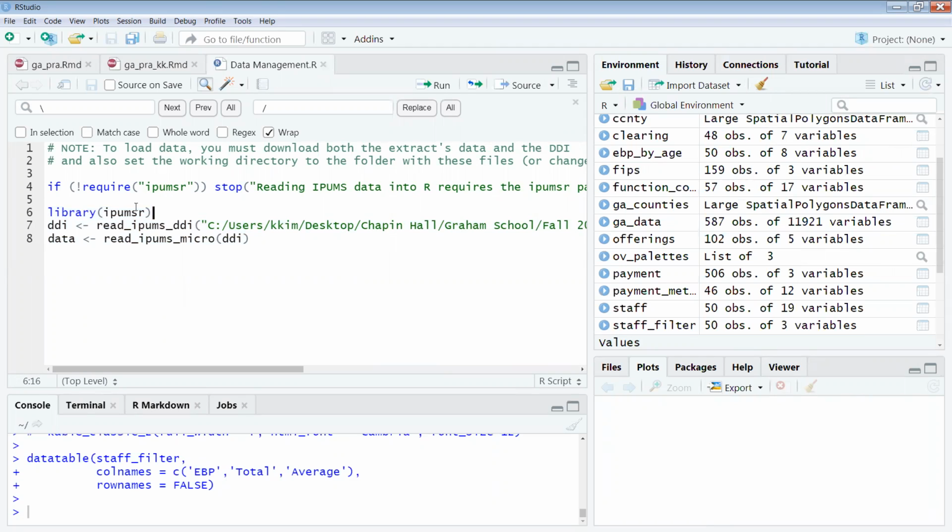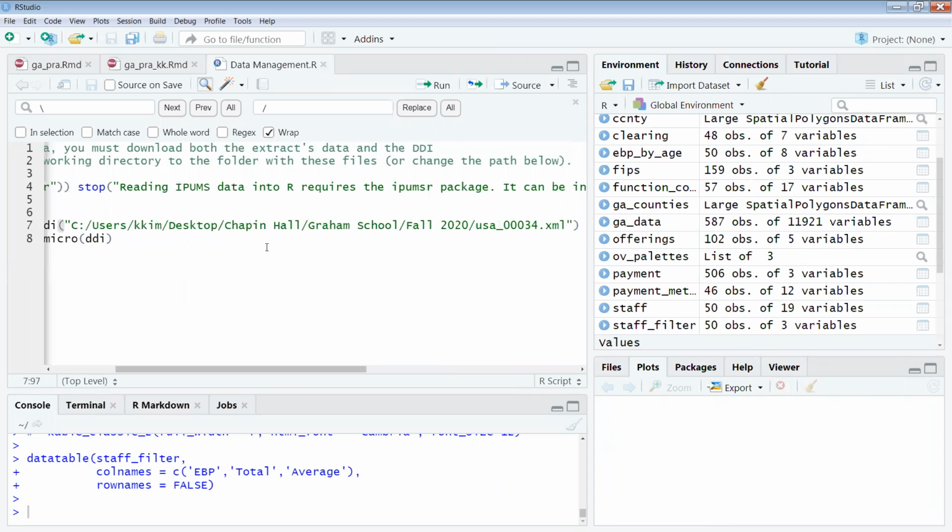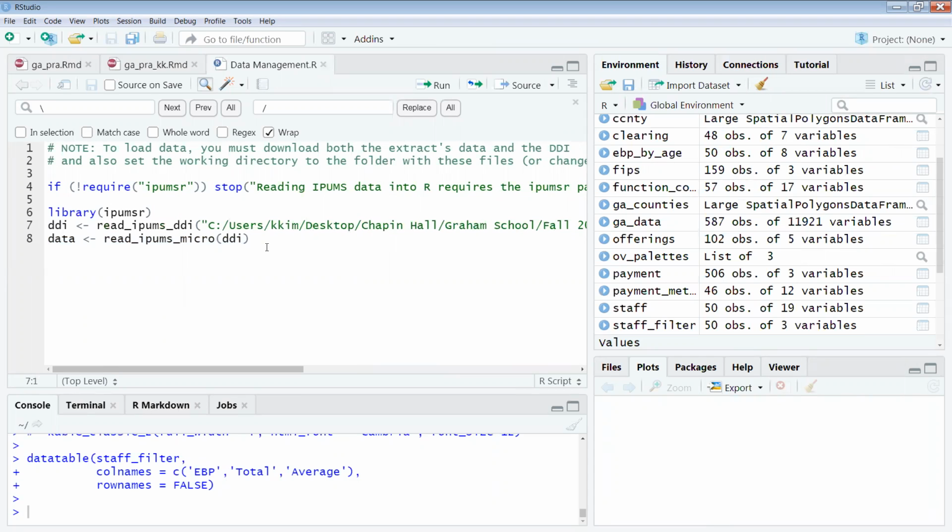Someone was nice enough to write this library, which allows you to read the file and code all of those and turn it into an R file. And again, just like Stata, all you have to do is make sure that you have the right path for this DDI file, and then it will create the ACS file.